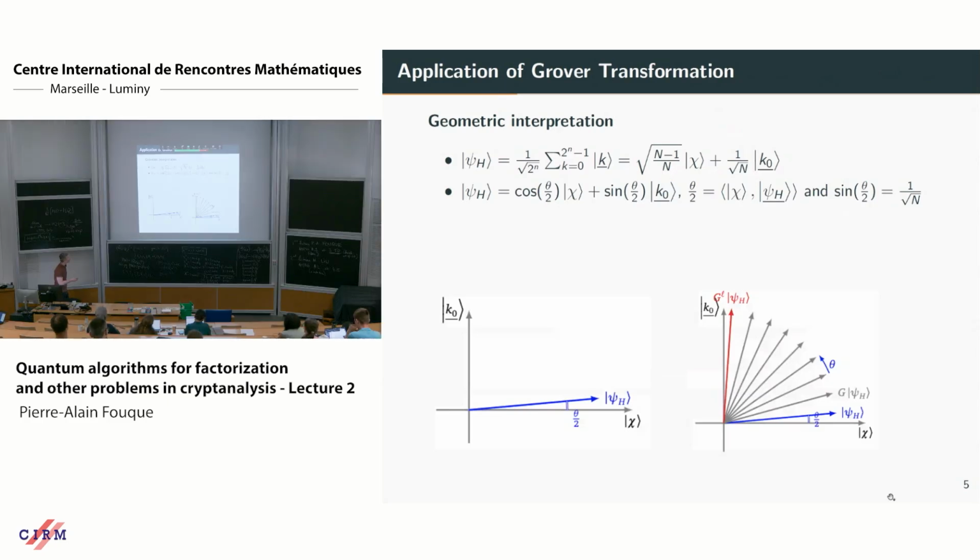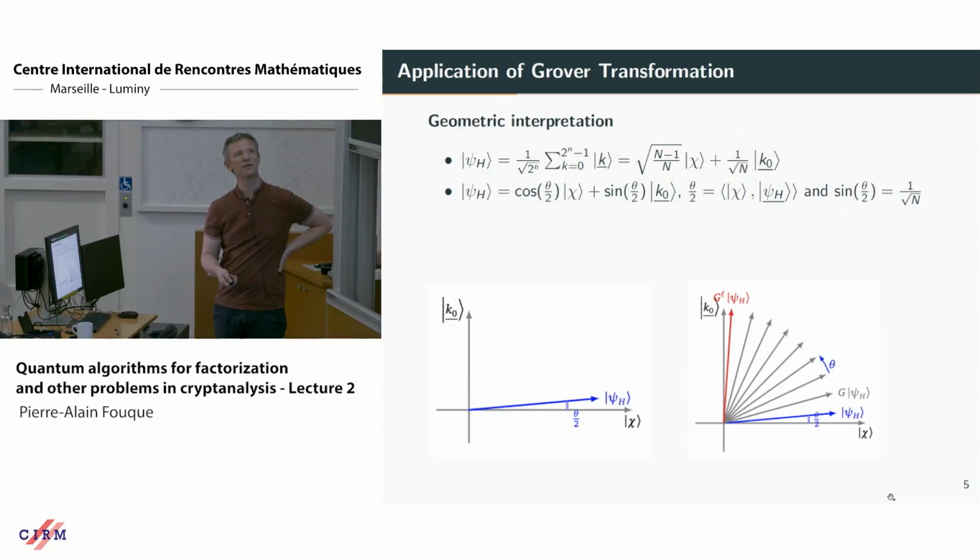And what exactly does the Grover algorithm do? The Grover algorithm helps you rotate this state toward that one, using one application of Grover by an angle theta. You can do this many times with always the same theta, and at some point the angle between ket0 and that state will be very small, and we will observe the state. This is the main goal.